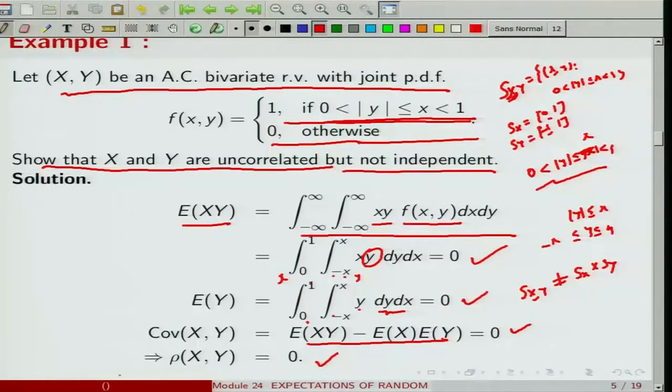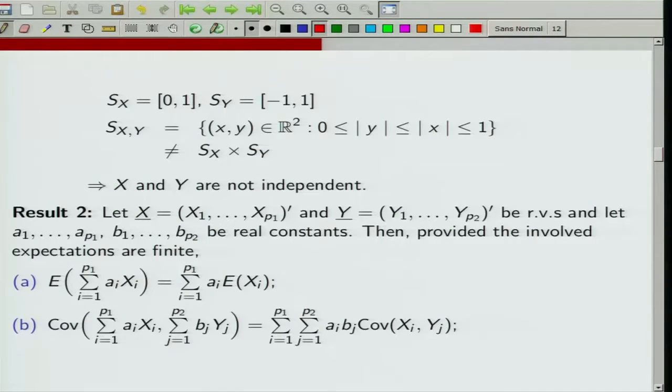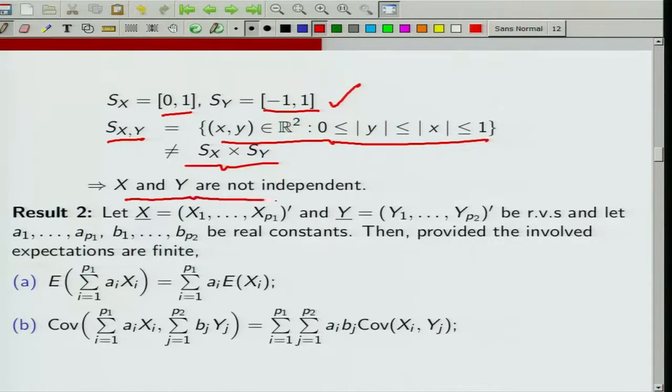So, here we have a situation where x and y are uncorrelated, but x and y are not independent. So, this is what it says: S x and S y are given by 0 to 1 and minus 1 to 1 respectively. S x y, the joint support of x and y, is this region, which is not equal to S x cross S y. So, this implies that x and y are not independent.